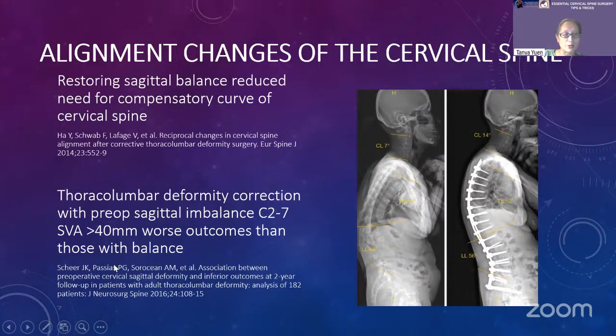And also, studies have found that if there's a bigger SVA, so in other words, if the head is further forward, they have worse outcomes than those with less of an SVA on thoracolumbar deformity correction. So it just gives you an idea how everything is interrelated. The cervical spine has an effect on the thoracolumbar, etc., on the outcomes.